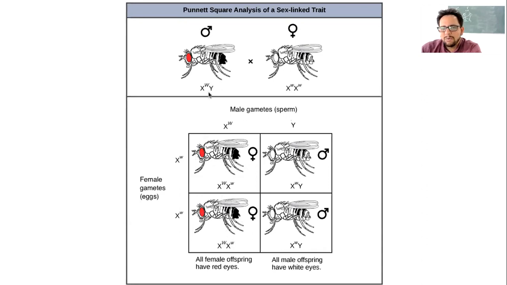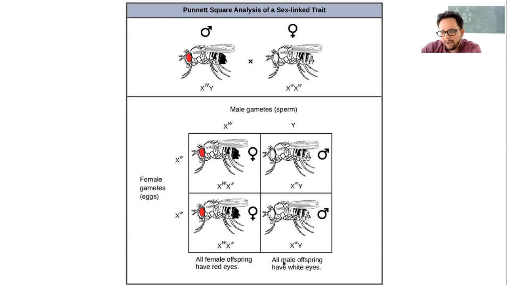Then the Y chromosome fusing with one of the X small w will have white eyes, because it doesn't have the dominant allele, so it will express the white color from the recessive allele. And the Y combining with the other X small w chromosome will again form white eyes because it doesn't have the dominant allele.